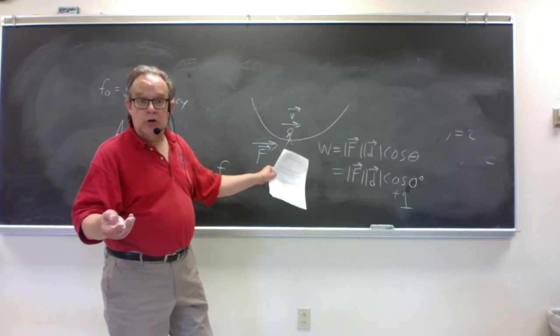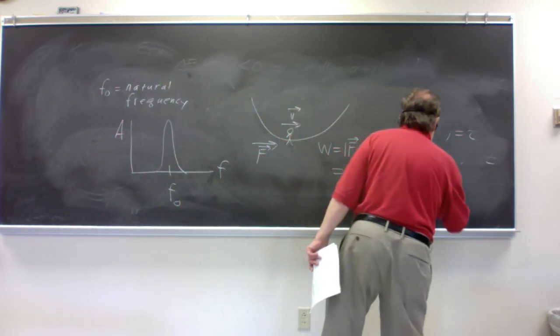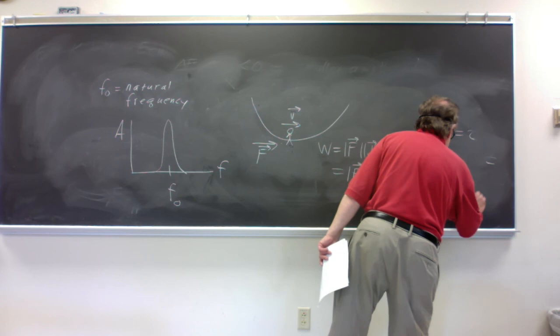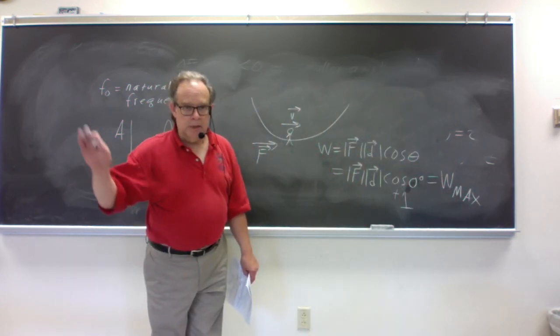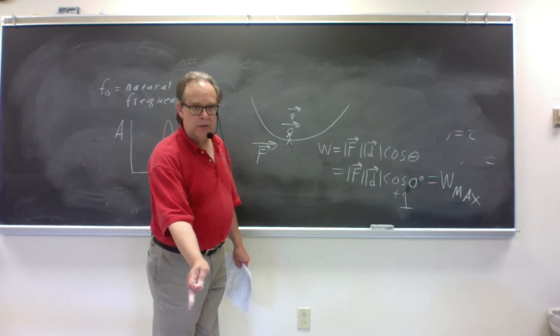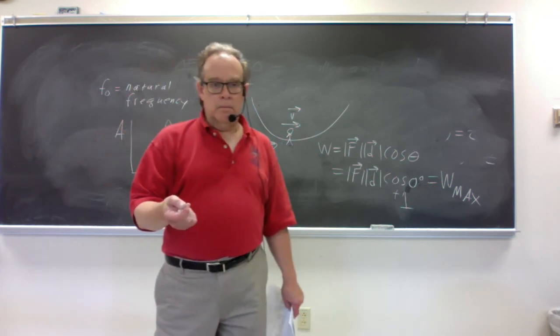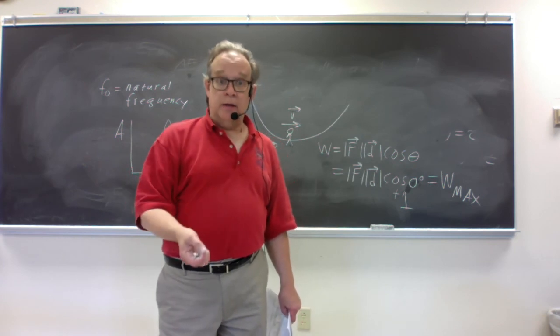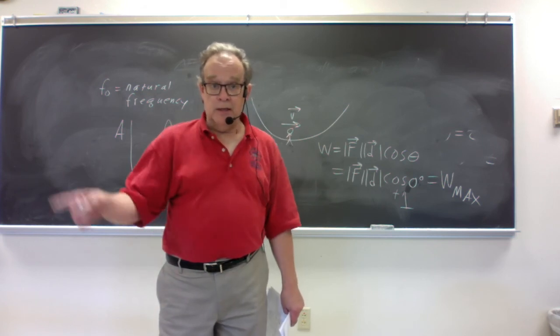So this is the largest amount of work that you can do for that kid. Every time the kid comes down to the bottom of the path and you give the kid a push, you're doing the maximum amount of work. That is, you're giving the maximum amount of energy to the oscillating kid on the swing.